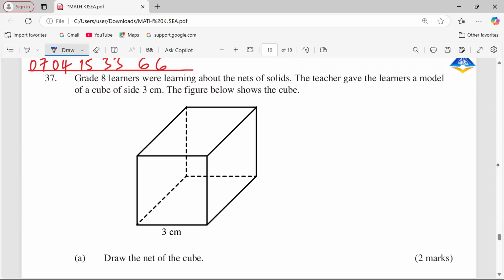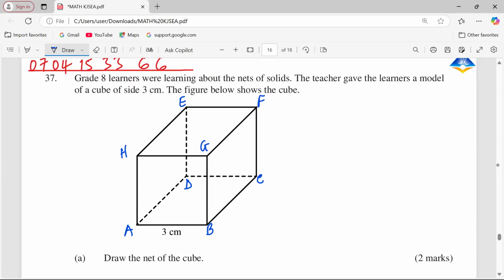For this particular cube, let me label it for us to have an easier time. We can have A, B, C, D. Then up there we have E, F, G, H. Anybody can name it otherwise. So there is no specific name when it has not been labeled.